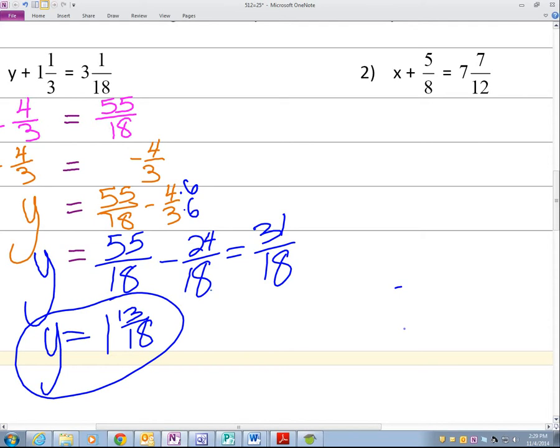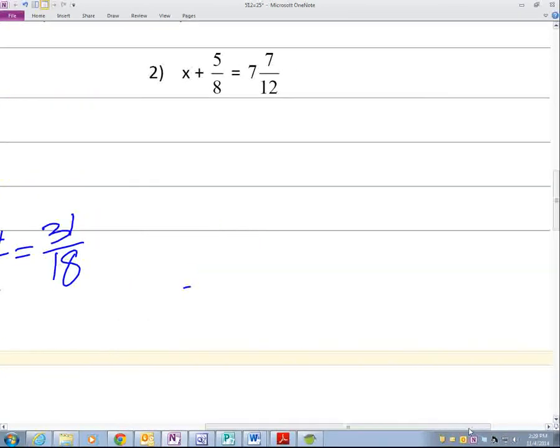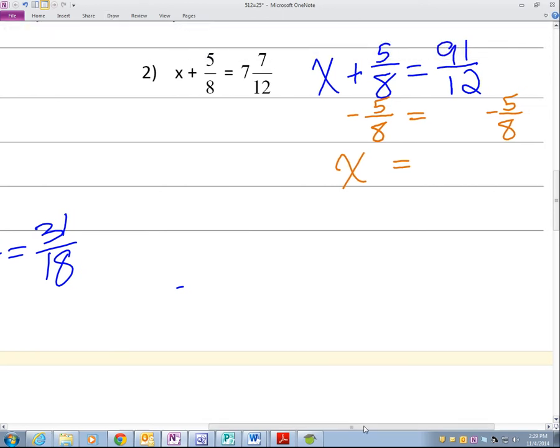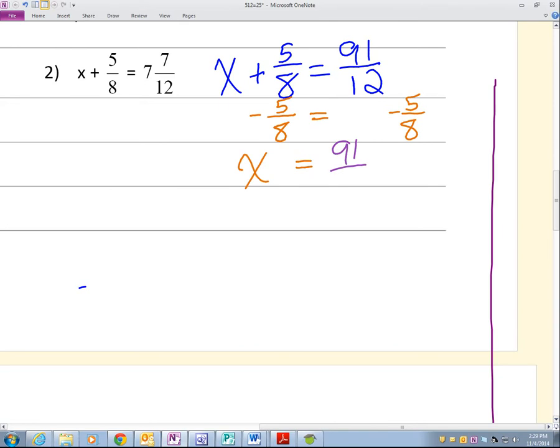Okay, number 2. I'm going to rewrite this so it's an improper fraction. Excuse me, 91 twelfths minus 5/8.